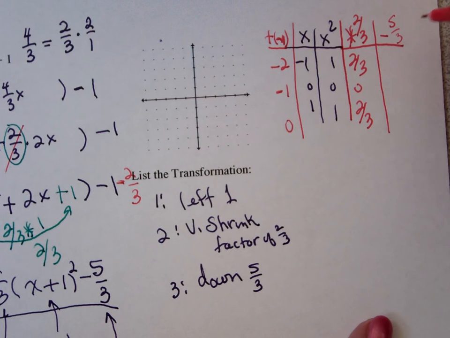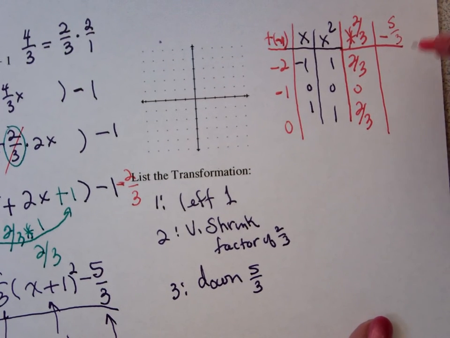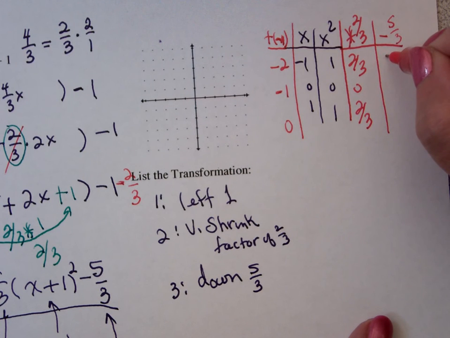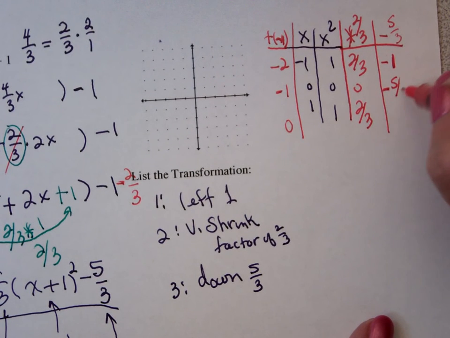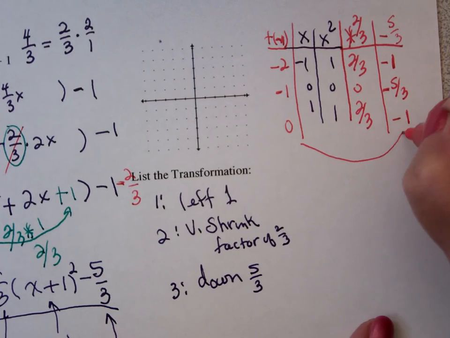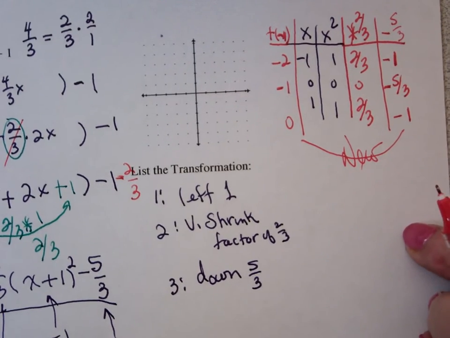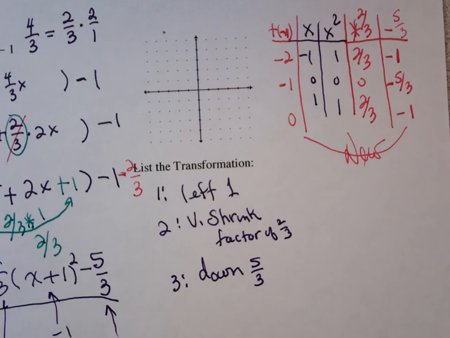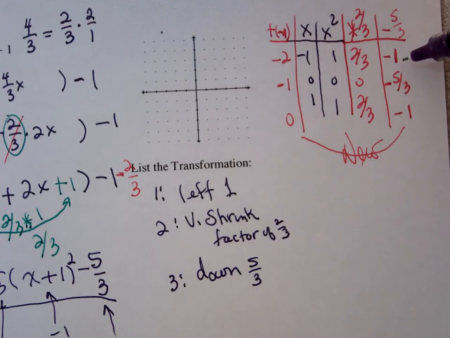Isn't that cute? It's minus 3/3, negative 1. Negative 1, negative 5/3, negative 1. Ah, that's so nice. I only have one fraction I have to deal with. So, negative 2, negative 1.